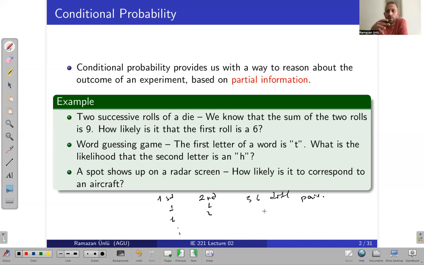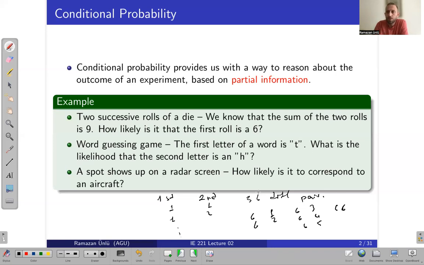Instead of looking at 36 pairs, you will only look at those where the first roll is 6: 6,1, 6,2, 6,3, 6,4, 6,5, and 6,6. That means you will reduce the size of your omega, your sample space.